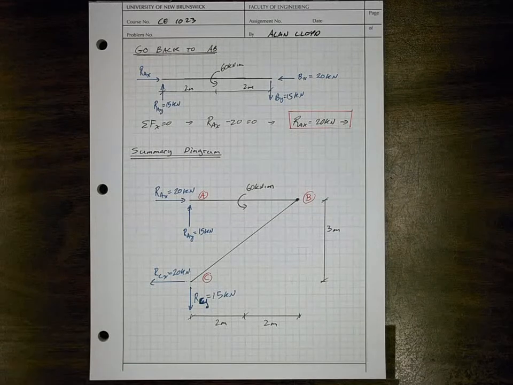So it's a pretty systematic process to get the final results. And then we completed the problem with drawing a summary diagram that contains all of the relevant information for this particular problem.